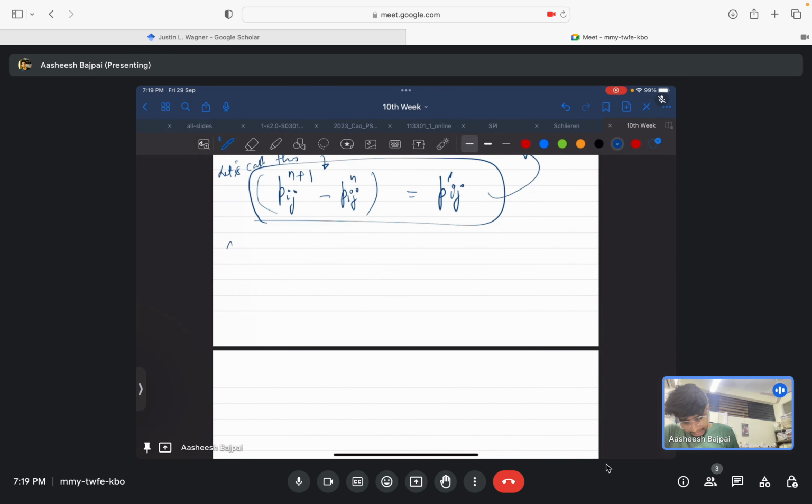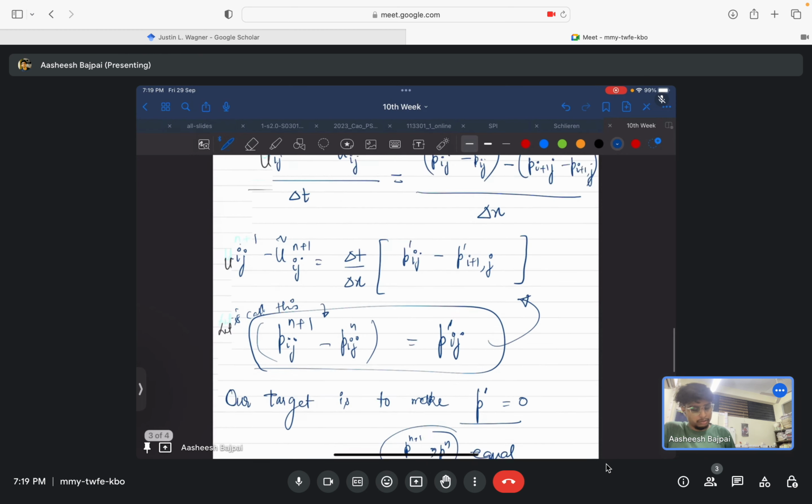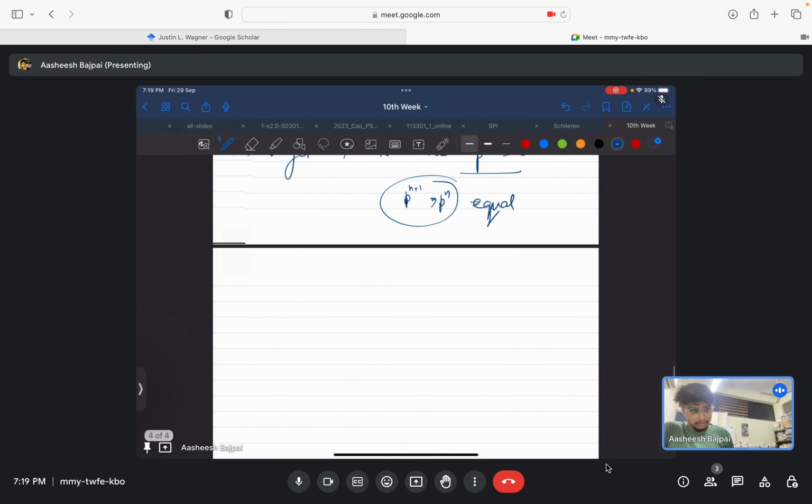So what is our target? Our target is to make this P dash as 0. This means when the P at n+1 and P at n become equal, then we can say that we have reached convergence. So this is our target.